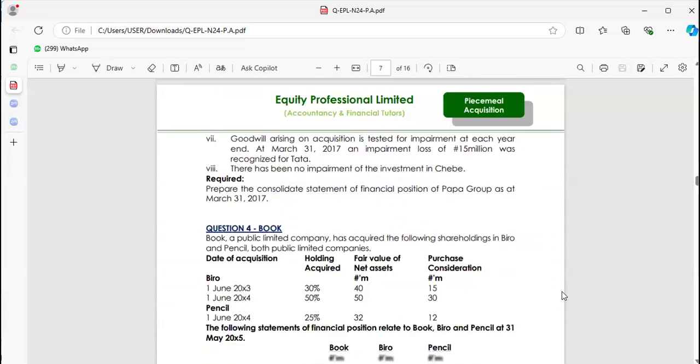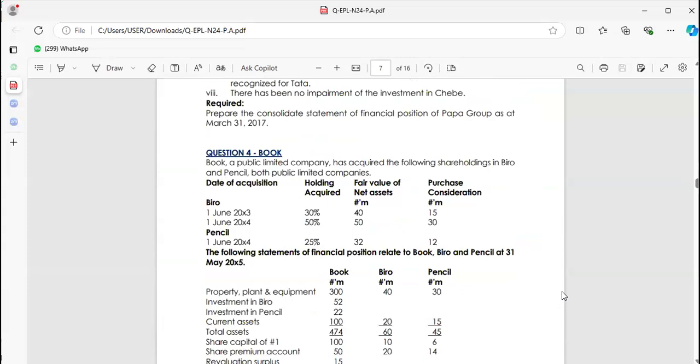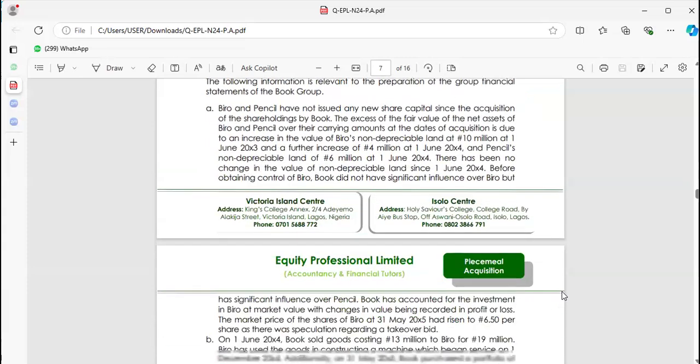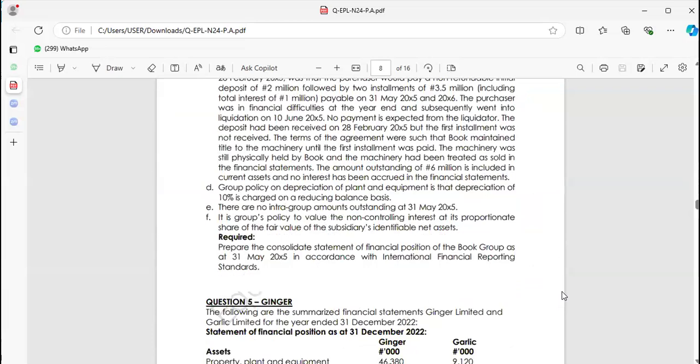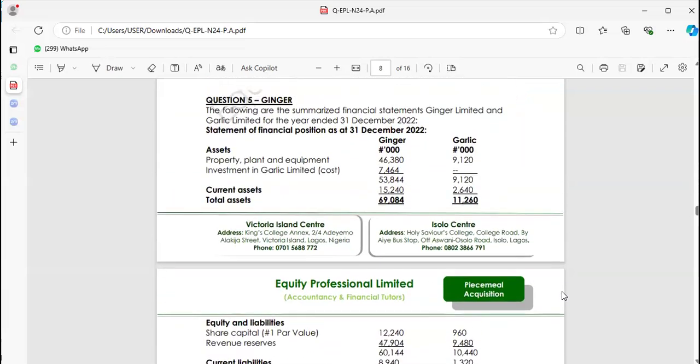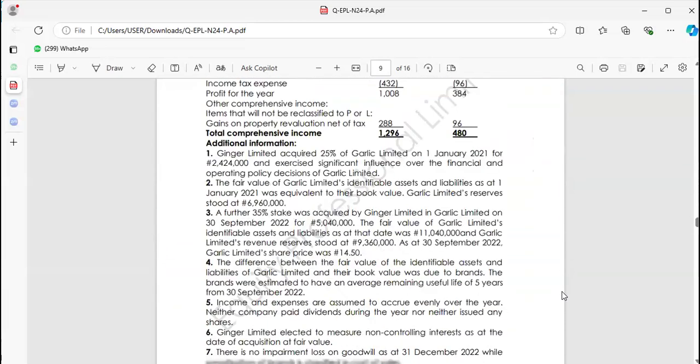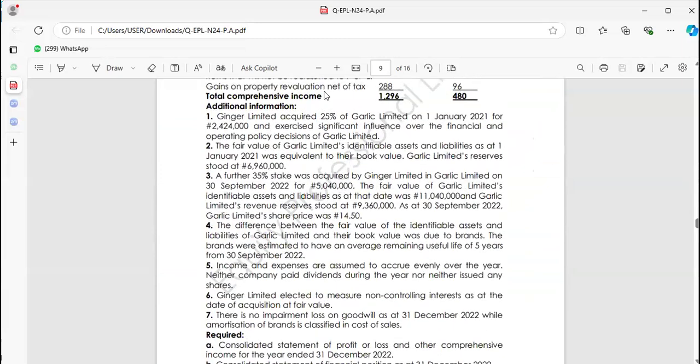Look at it again. This one did not give us. Ginger Limited acquires 5% of Garlic, an associate, on January for 242 and exercises significant influence over the financial. The fair value of Garlic's identifiable net assets was this.